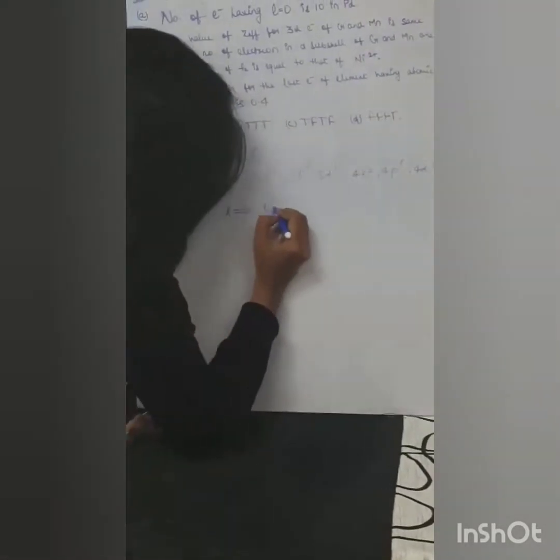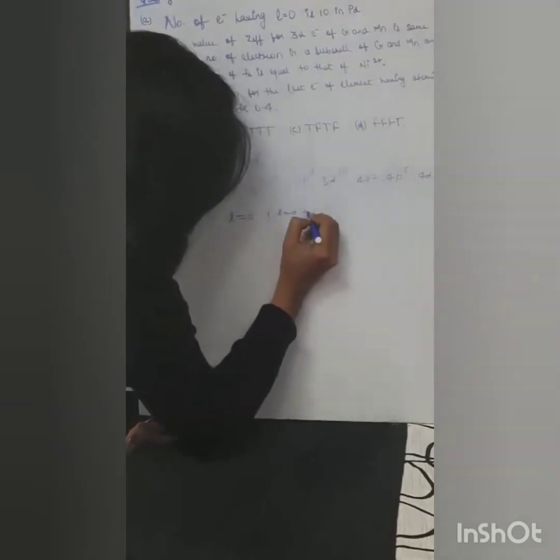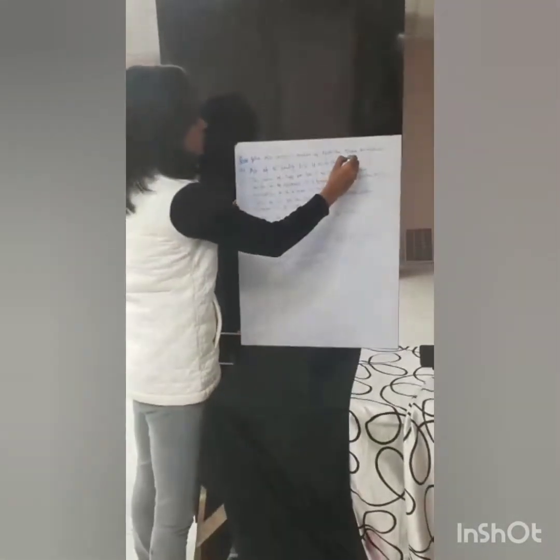So the number of electrons will be 2 plus 2 plus 2 plus 2 is equal to 8. So the first statement, the number of electrons having L equal to 0 is 10 in Pd, is false.